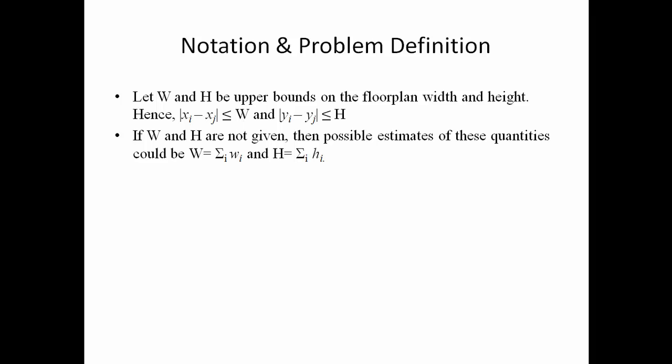Xi minus xj cannot be greater than W, it has to be lesser than W. And similarly, yi minus yj is always lesser than H. This is just ensuring that the modules are not so far apart that they go outside the feasible floor plan boundary.